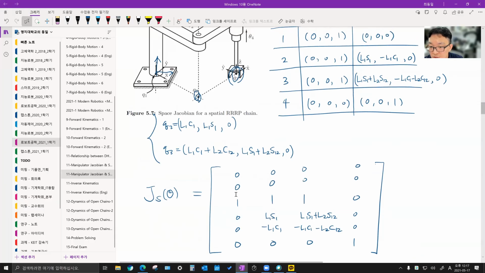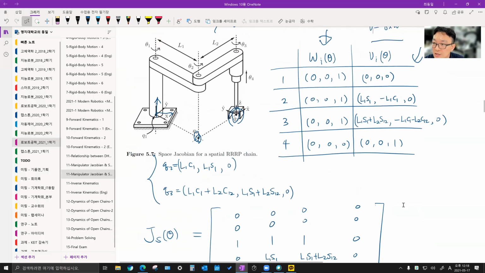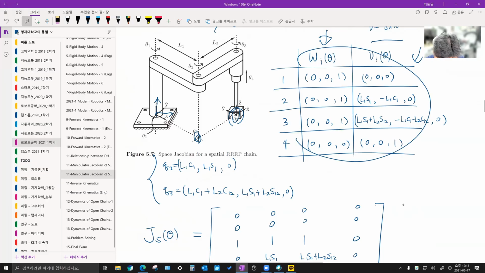JS1 becomes 0, 0, 1, 0, 0, 0, and JS2 is 0, 0, 1, L1 sine theta 1, minus L1 cosine theta 1, and 0, and like this and like this. So this table itself becomes the Jacobian.